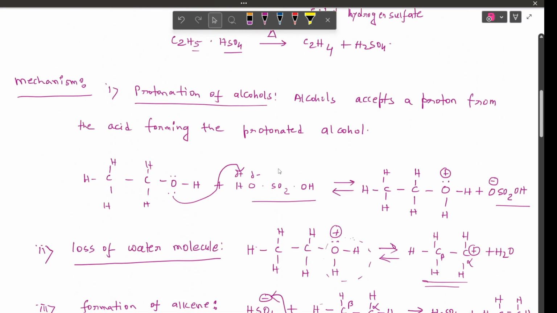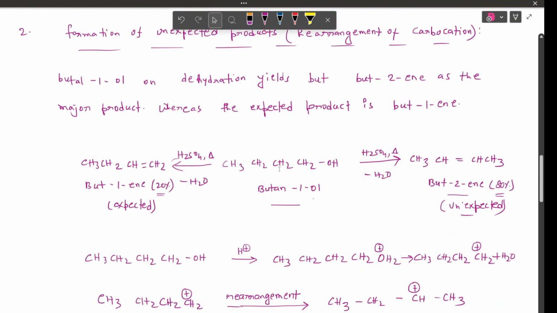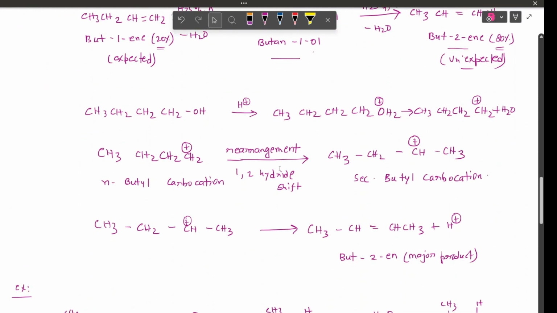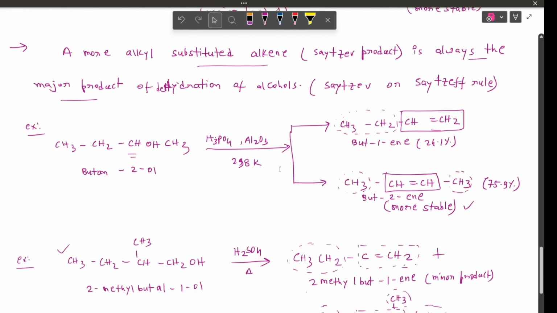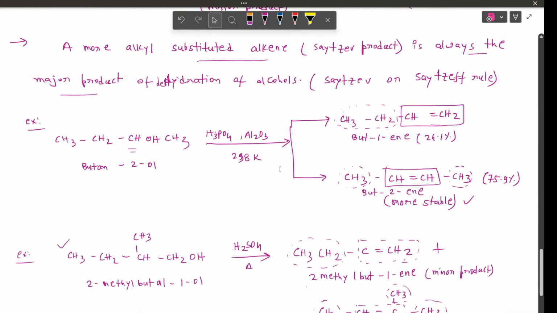And remember why this happens in Saytzeff's rule, because most substituted alkenes are more stable due to more hyperconjugative structures.